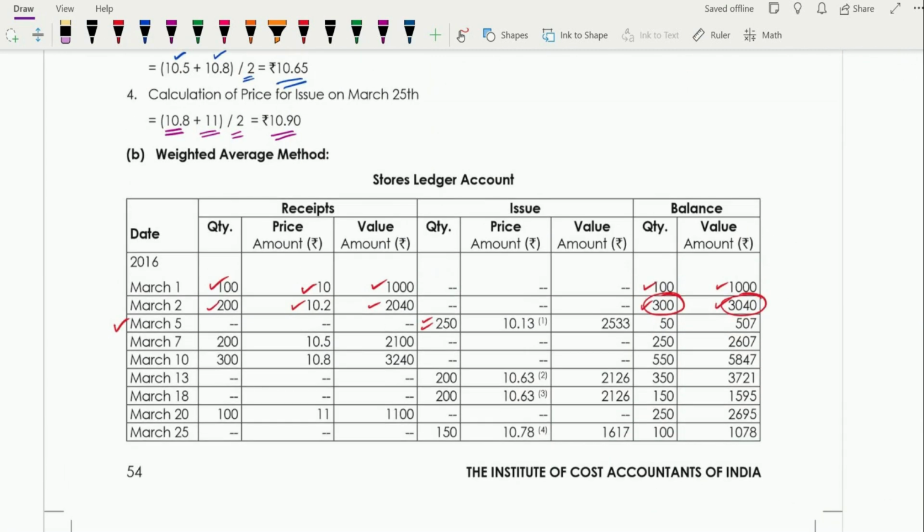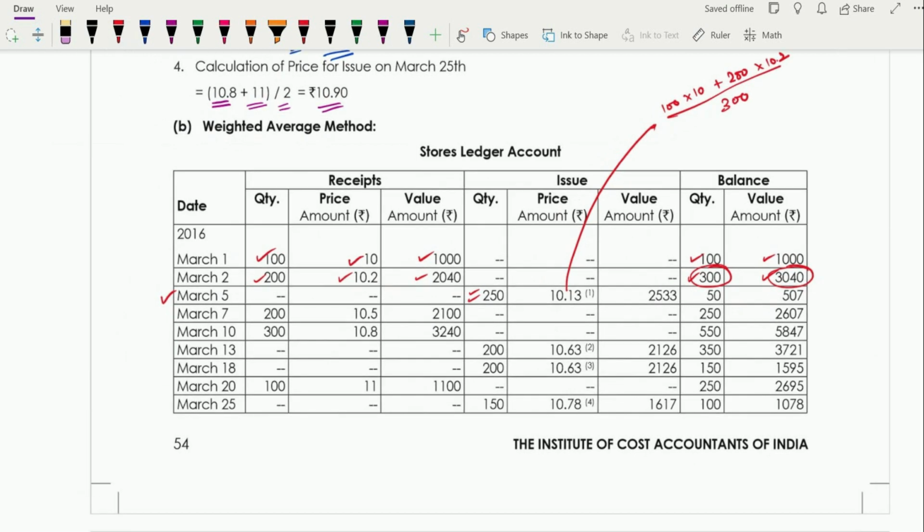Or in which way you can calculate? You can say 100 units are lying of 10 rupees plus 200 units are lying of 10.2 rupees divided by total number of units, that is 300. Right? So the remaining is 50 units at 507. This is 3040 minus 2533.